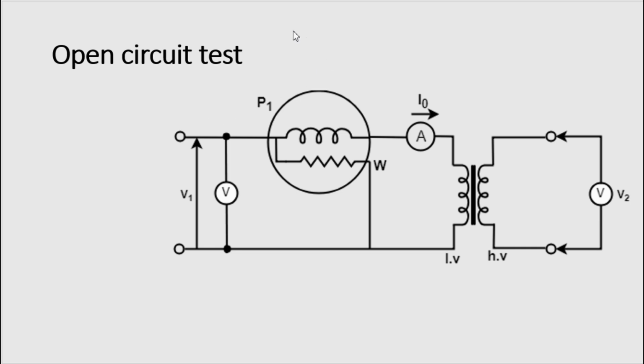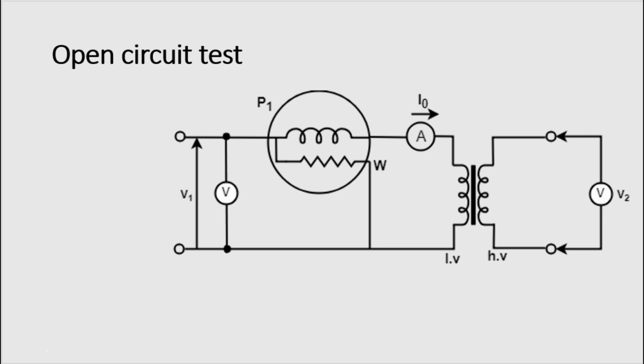Suppose we have a transformer with one side of 400 volt and the secondary side of 1600 volt. Out of 400 and 1600, 400 is easily available and less costly. So we'll connect the 400 side to the supply and keep the 1600 side open.